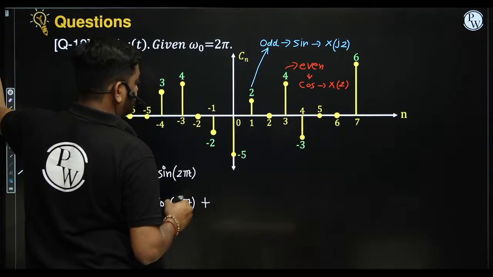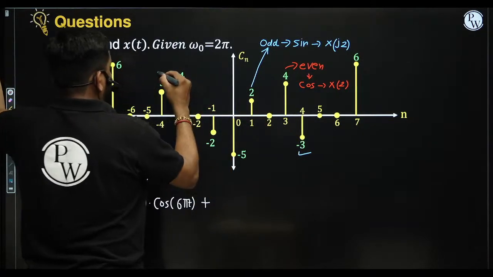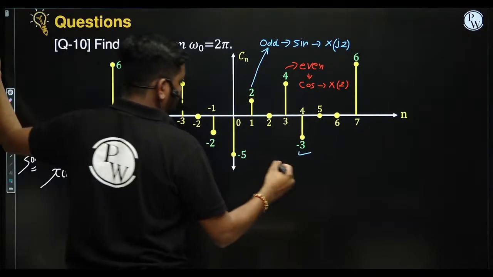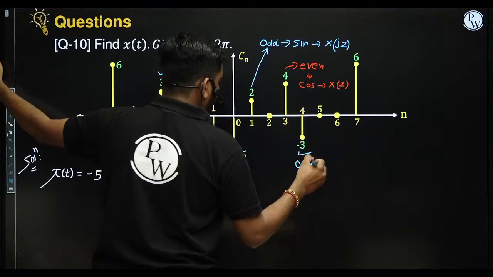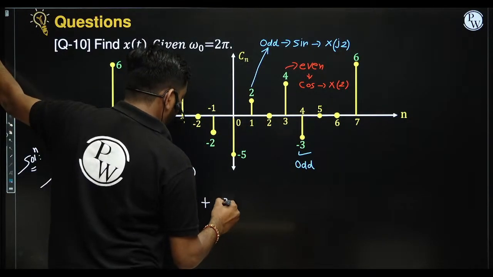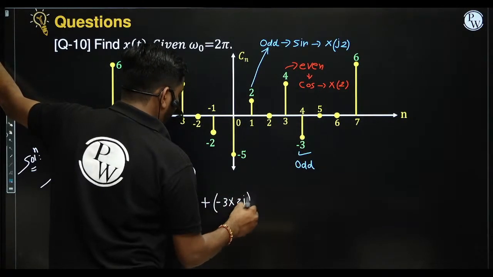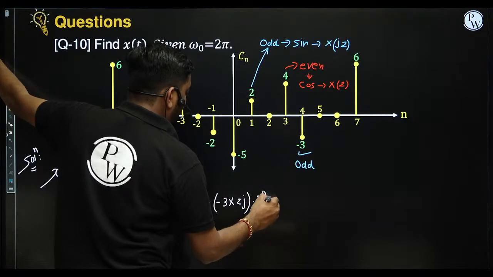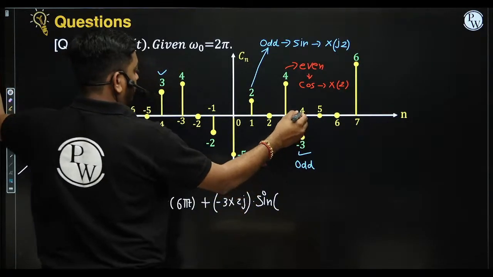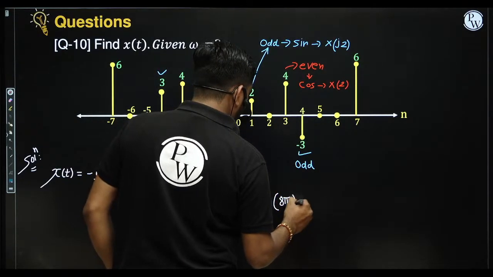Plus the next sample, this one and this one, minus 3 and plus 3, opposite sign, that means odd means sine. Odd means what? Sine, and multiply with 2j, so minus 3 multiplied with 2j into sin n omega 0 t. The value of n is 4, omega 0 is 2 pi, so it is 8 pi t.